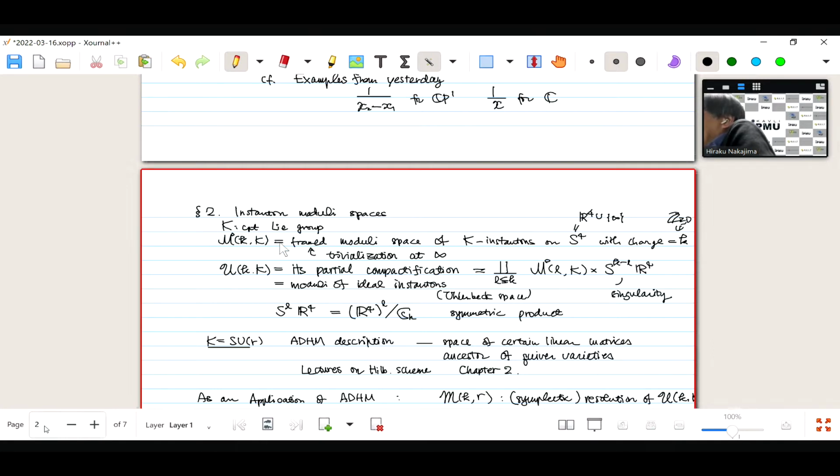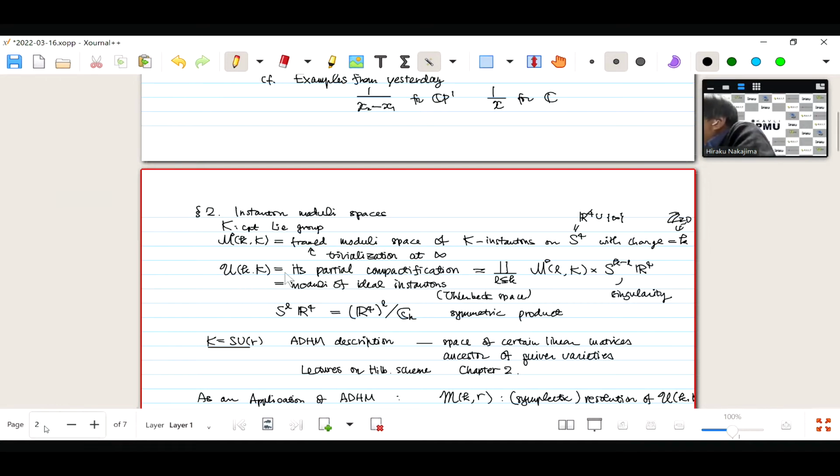And for some technical reason, this space doesn't behave well. This is a non-compact space, and we want to consider a compact space in order to consider integration. So in homology, push forward is something to do with integration. So we do want to have integration.